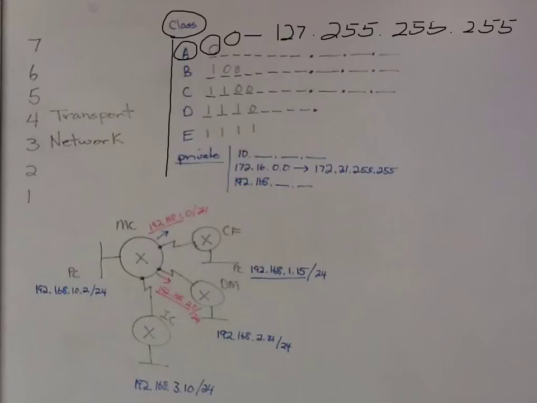Even though this is legacy now, it's still good to understand how it used to work. And so all the B addresses had a 1 there, which means they would be at least 128.0.0.0 all the way up to this one, which would be 191.255.255.255.